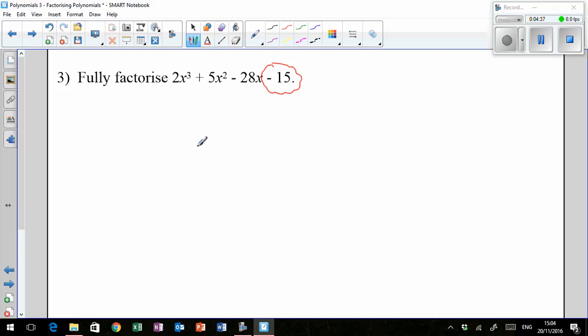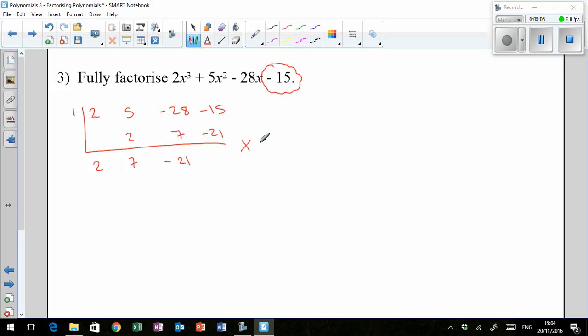So what I would do is work my way up to negative 15, using 1, minus 1, 3, minus 3, 5, minus 5, until you hit a 0. So let's go, and this might be a couple of times here, so bear with me. Let's use 1 on the side. We have 2, 5, minus 28, and minus 15. So 2 comes down, 2, 7, 7, minus 21, minus 21, right, that's not going to work, so that's useless.